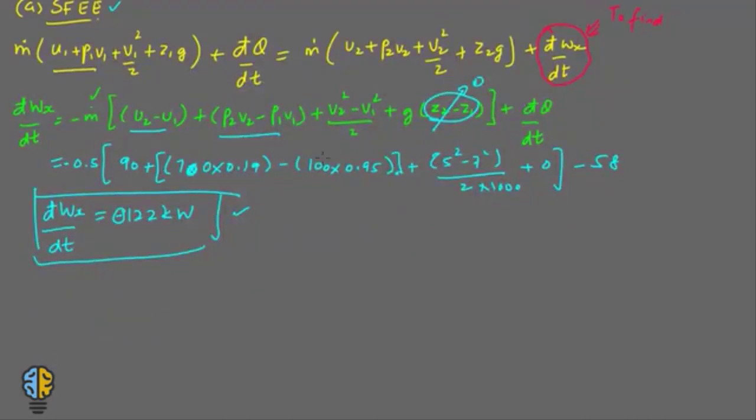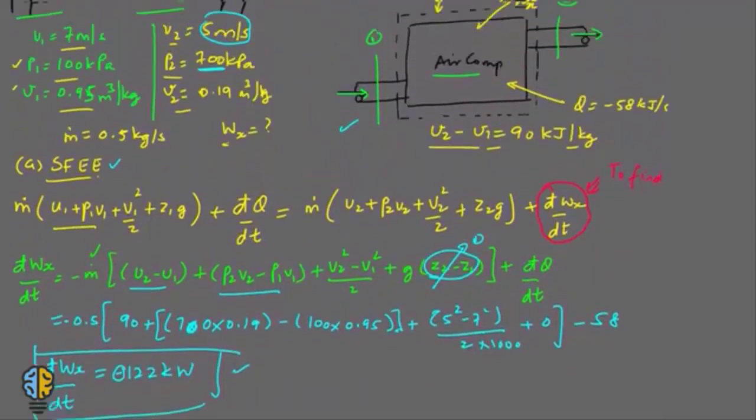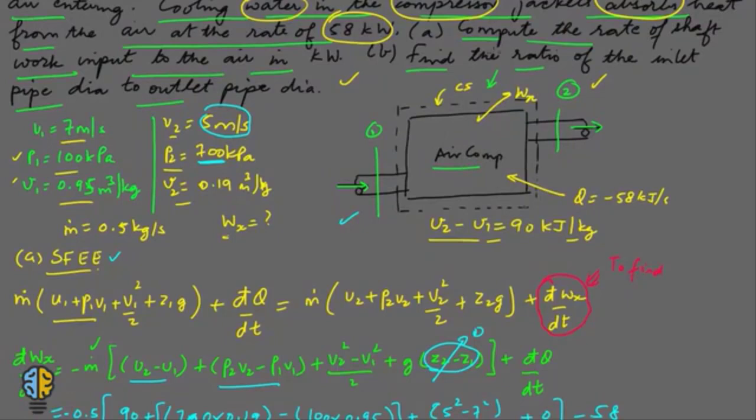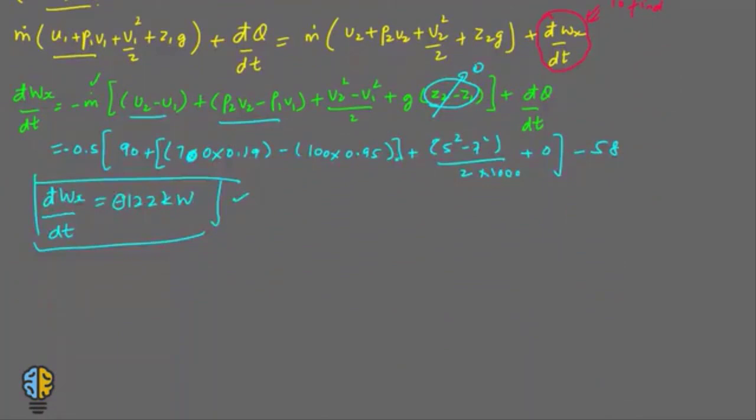Now let's find out the second question in the statement, that is find the ratio of the inlet pipe dia to the outlet pipe dia. Now to find this, we need the relation of d1 by d2, isn't it? Because this is the inlet pipe dia and this is the outlet pipe dia.